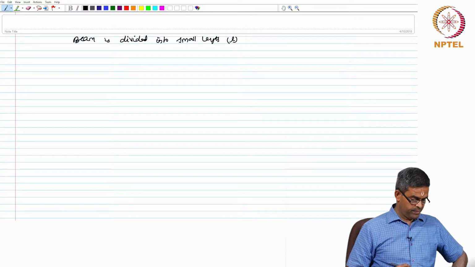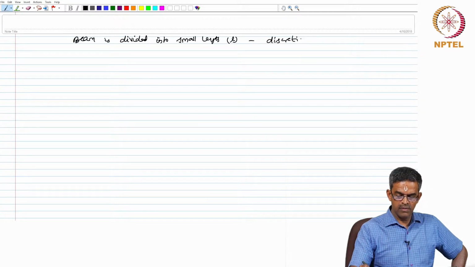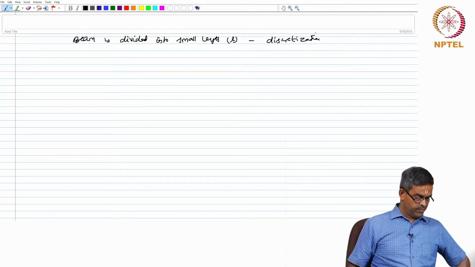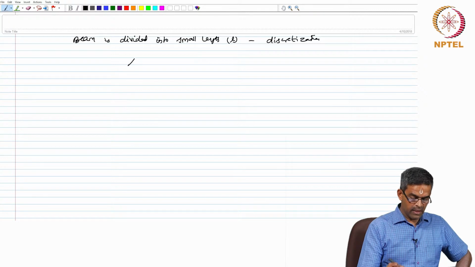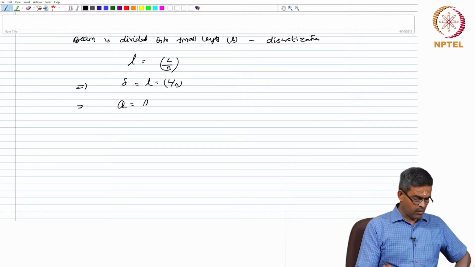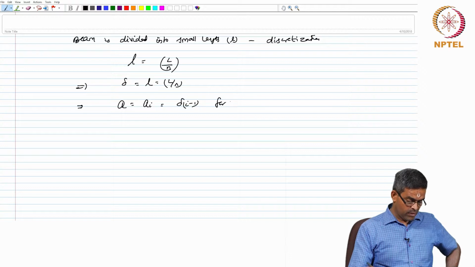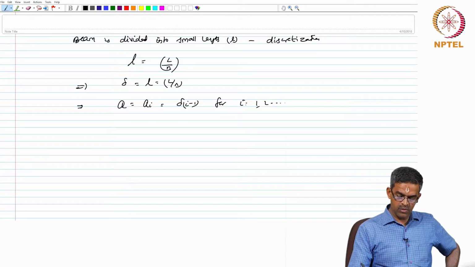This is discretization, such that delta L is L by N, and therefore, A i equals A i minus 1 plus delta L for i equals 1 to N.